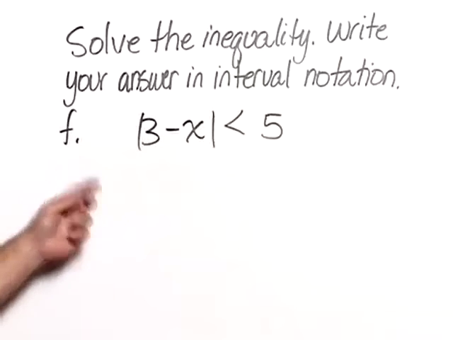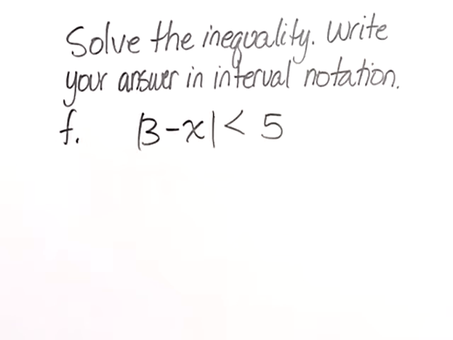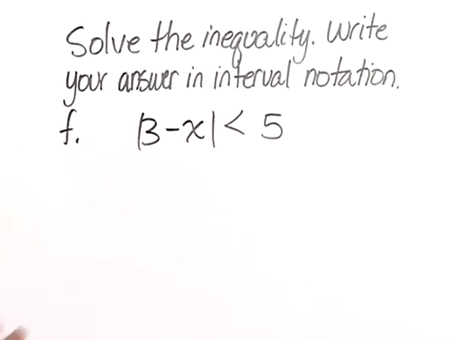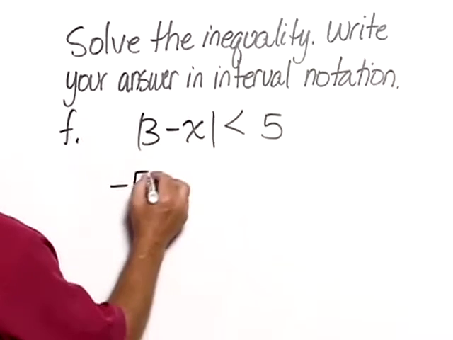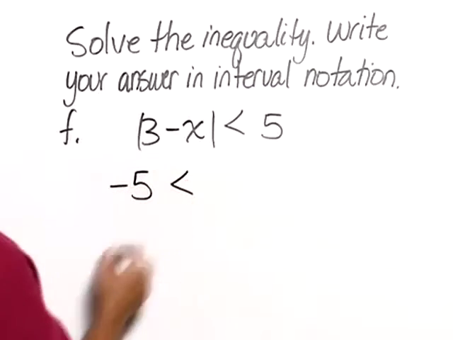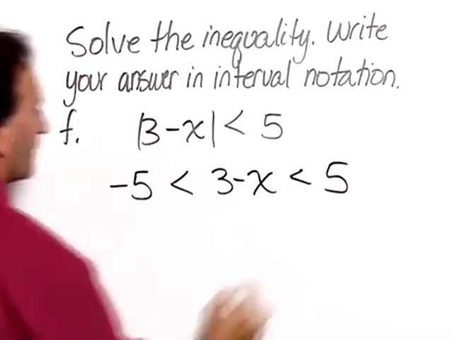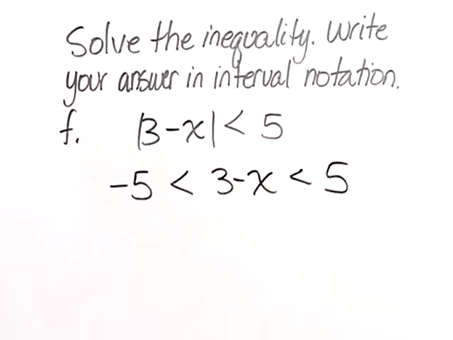For part F, we have the absolute value of the quantity 3 minus x is less than 5. Recall that when we have an absolute value less than a number, the way we solve that is we have negative the number is less than the expression, which is less than the positive number. And now we solve all three parts simultaneously.